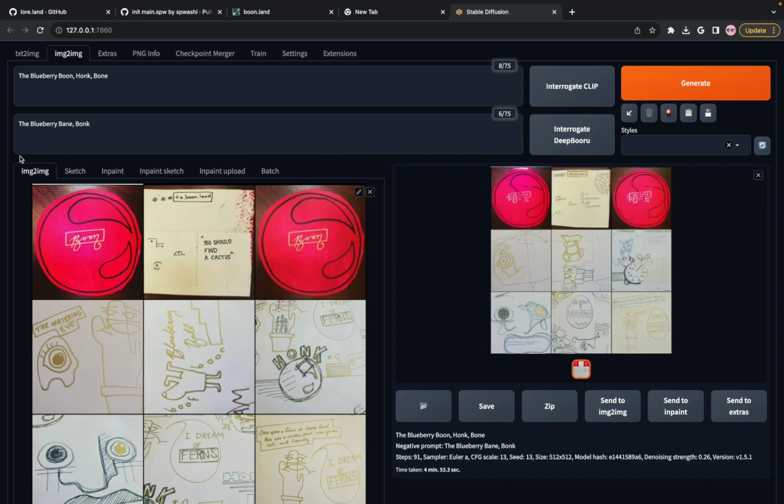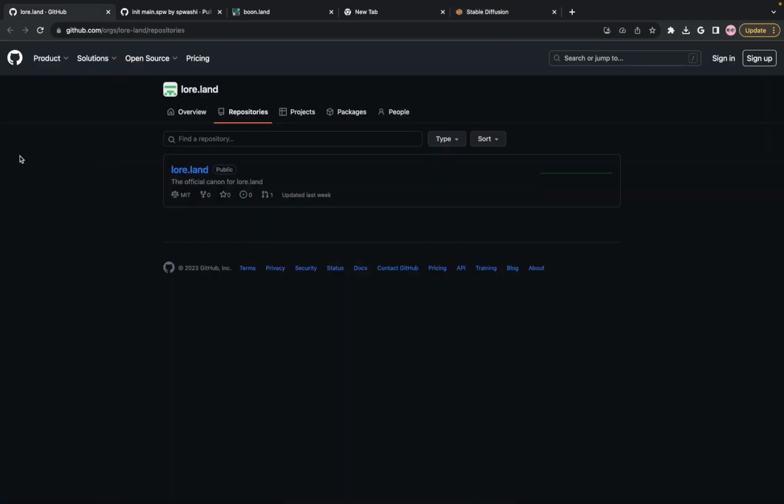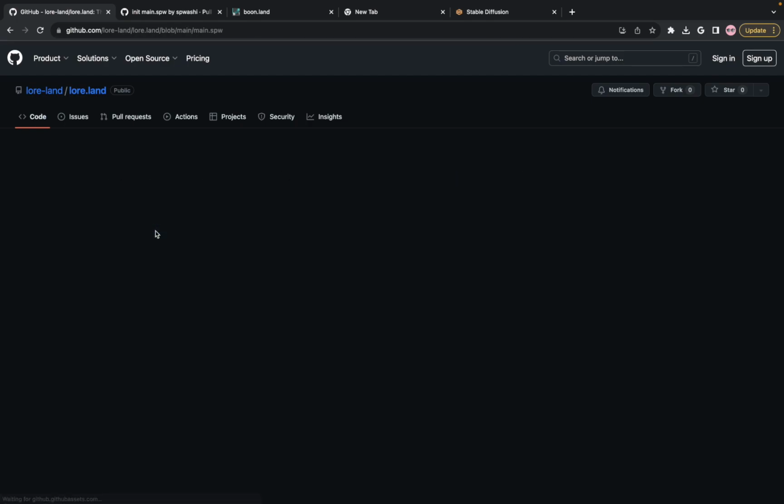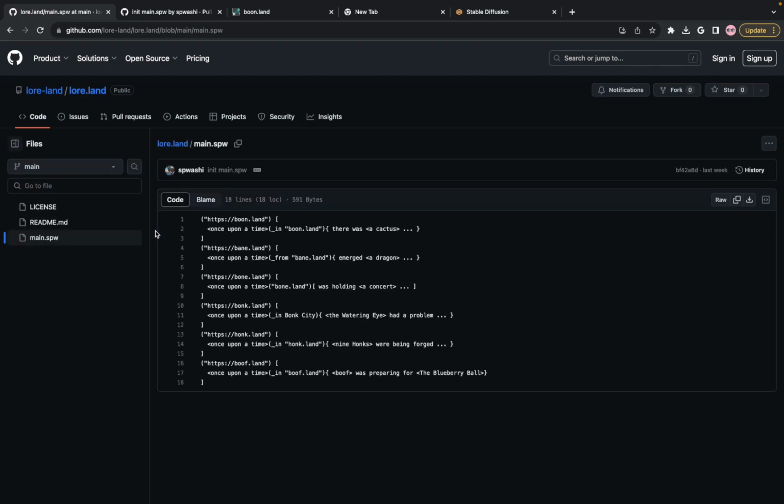Generally, I like to stick with the language of the 5 sites that I have, which are boon, bane, bone, bonk, and honk. And I talk a bit more about that in this lore.land repository. This concept seed, written in the swoop dialect of unified augmentation language, has a bit more context about what these words mean in my universe.